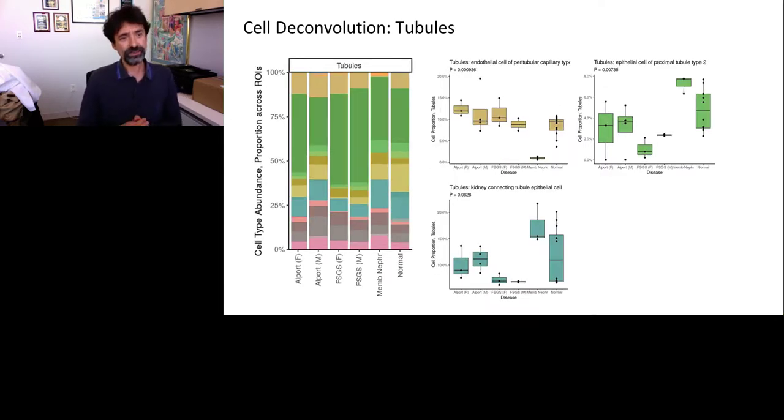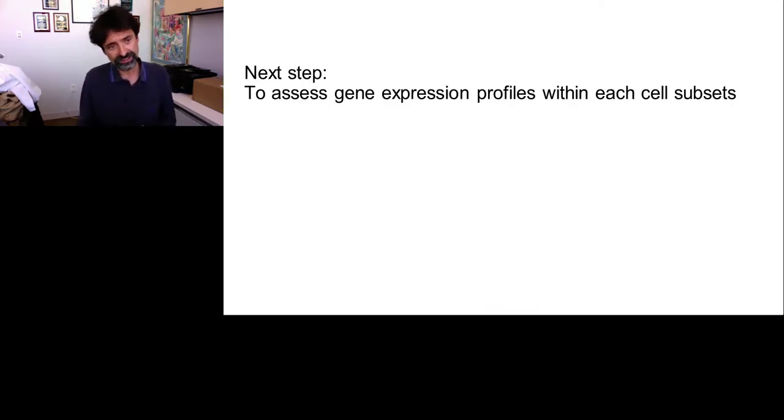So the next step here will be to assess the gene expression profile, not just in each glomerulus, but in each cell subset within a single glomerulus, which is expected to give us important information about the variability across the different glomeruli, and to understand whether glomeruli that have similar histological features have a similar transcriptional profile, or vice versa, if glomeruli that look different have similar transcriptional pathways that are activated.